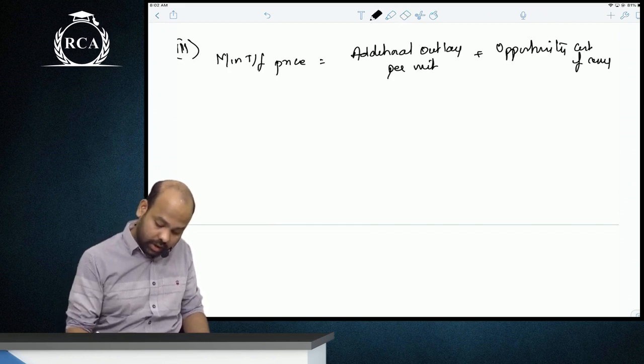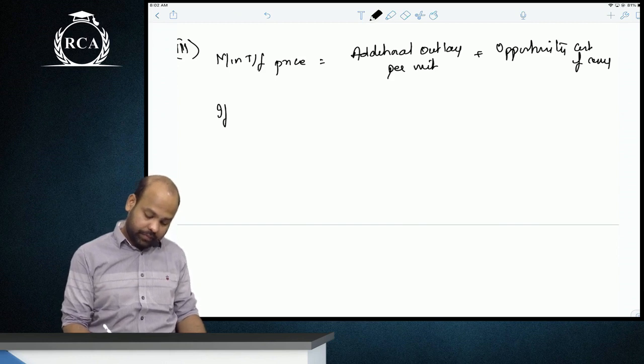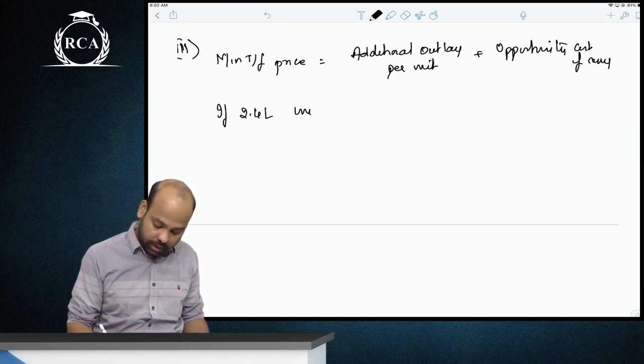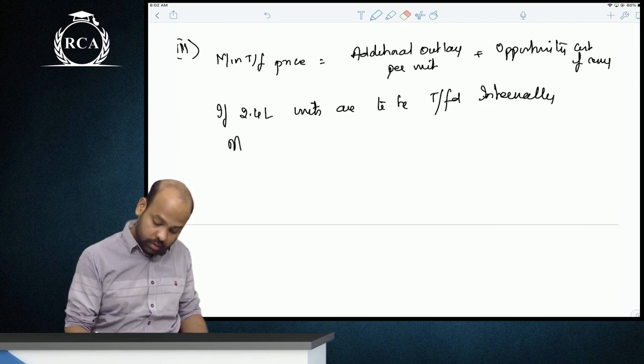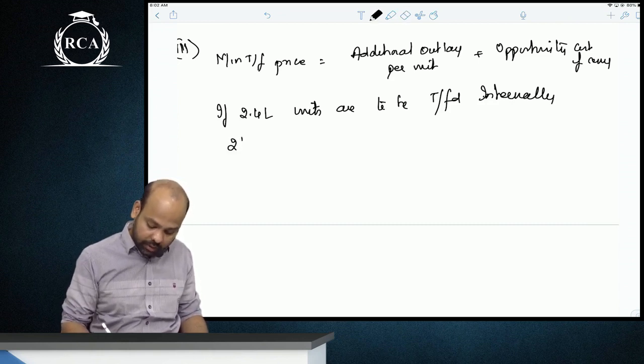Whatever are the internal transfers, guys. If 2,40,000 units are to be transferred internally, remember guys, 2 lakh units are out of spare capacity.